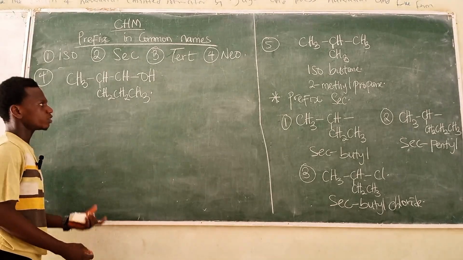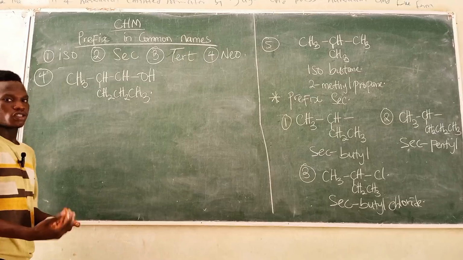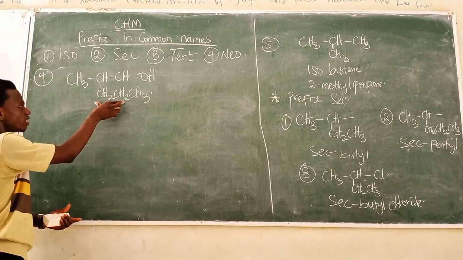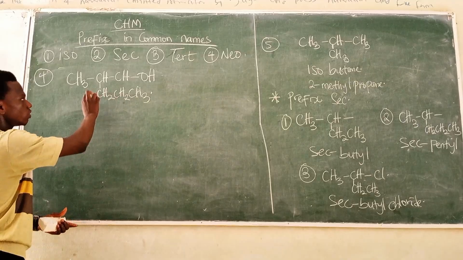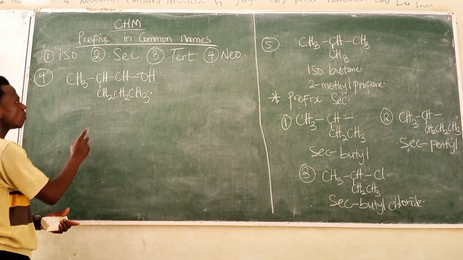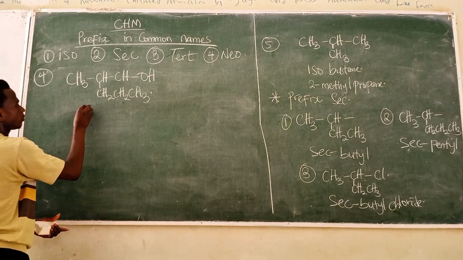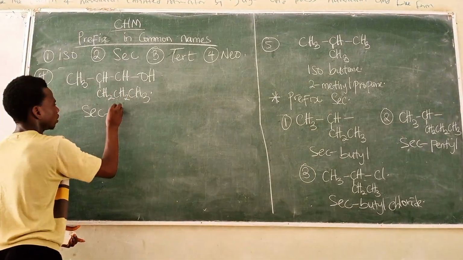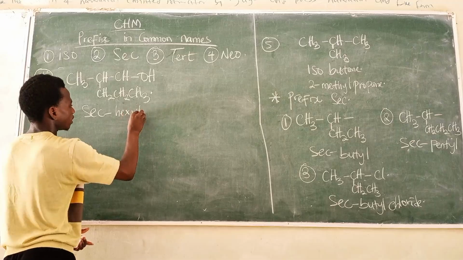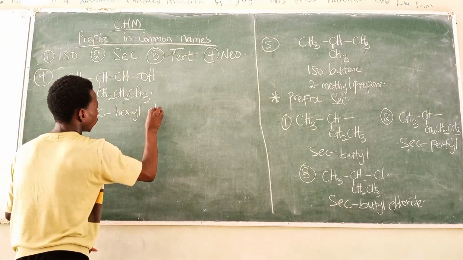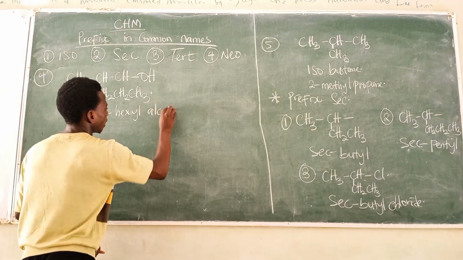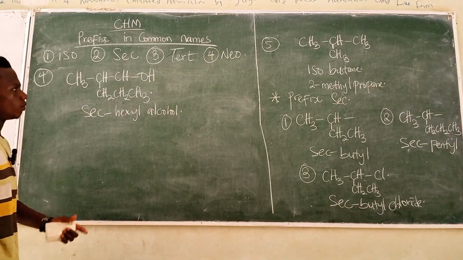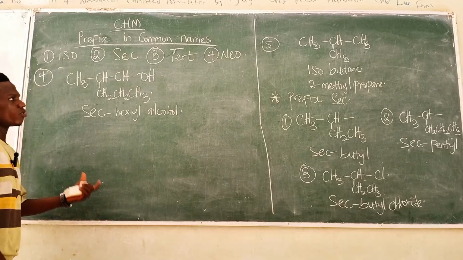So how are we going to name this particular structure using the common name and the prefix sec? In this case, we have this propyl connecting to the second to the last carbon atom. So the name of this particular structure becomes sec, with 1, 2, 3, 4, 5, 6 carbons, sec-hexyl alcohol. So this is how you're able to name organic compounds using the prefix sec.